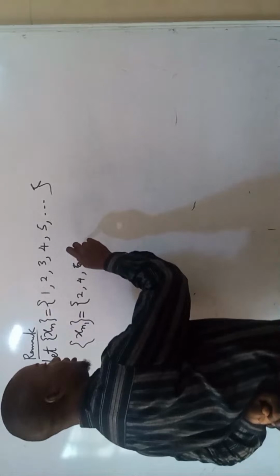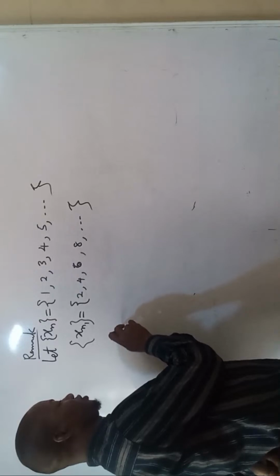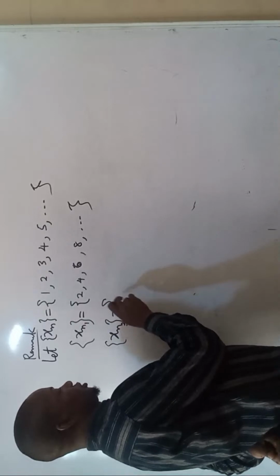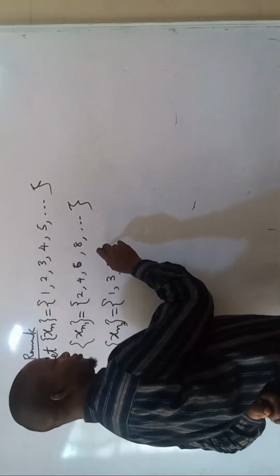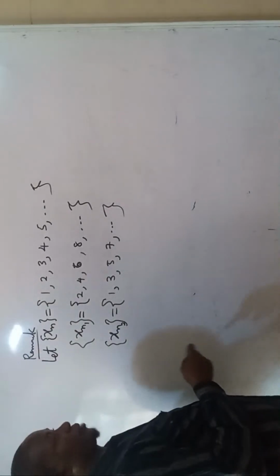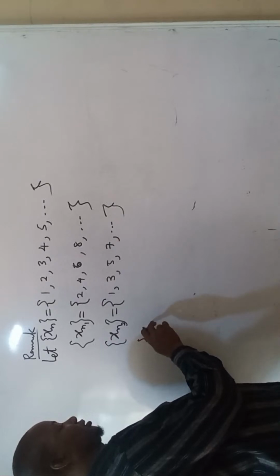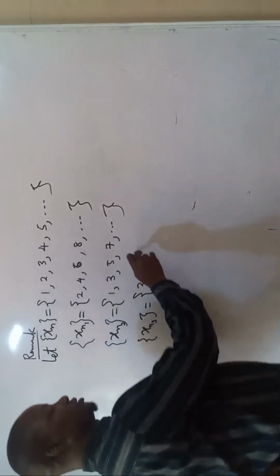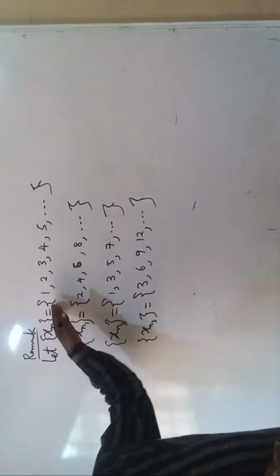Another subsequence of this will be the odd numbers. You can also pick a subsequence that is a multiple of 3. That is xn3. A multiple of 3 is also a subsequence. These are all subsequences of this.